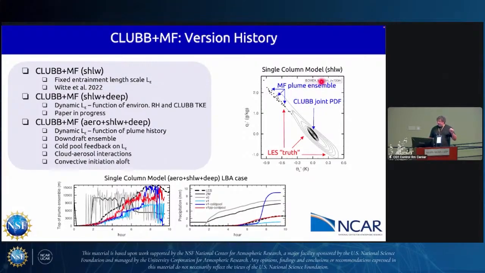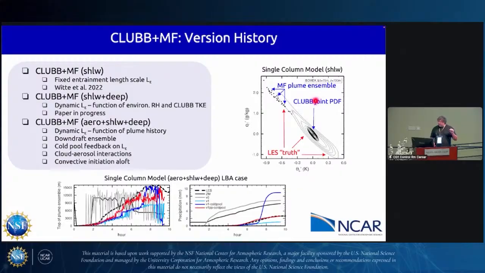It's a grid point in space and time, and so what is shown here is the subgrid distribution of liquid water potential temperature on the x-axis and total water on the y-axis. The faint PDF lines here are the PDF you get from an LES model, so we ran an LES model to be our truth.